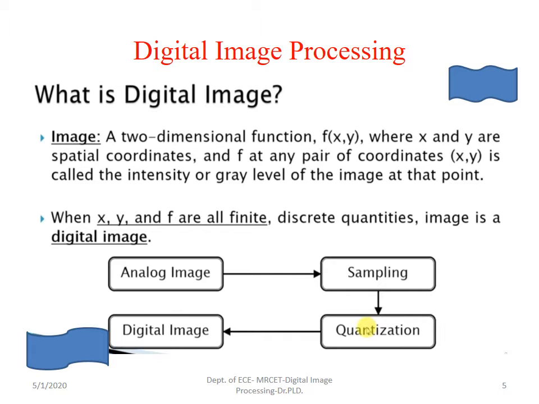How is an analog image converted into a digital image? If you have any analog image while capturing, then you have to do sampling and quantization. After sampling and quantization, the output image is called a digital image. Nowadays, almost all capturing devices are digital, so there is no question of analog images being captured. Whatever images we capture, for machine processing purposes, we do the sampling and quantization.